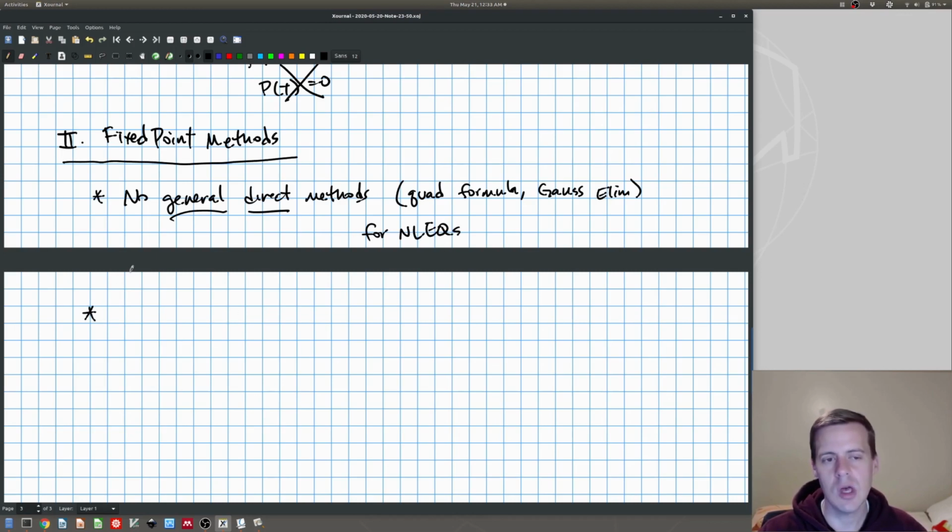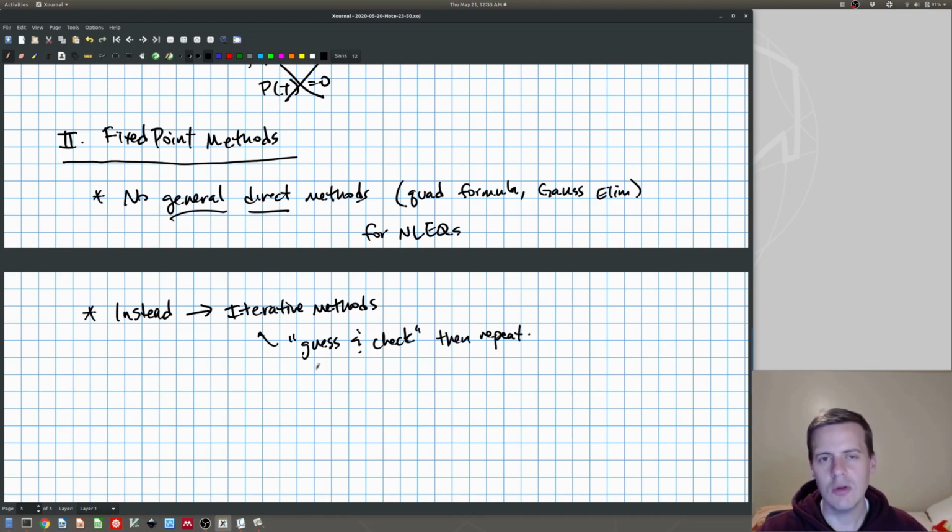So what are we going to do? We need something that's not a direct method. We are going to have what's called an iterative method. An iterative method you can think about as like a guess and check, and then repeat.